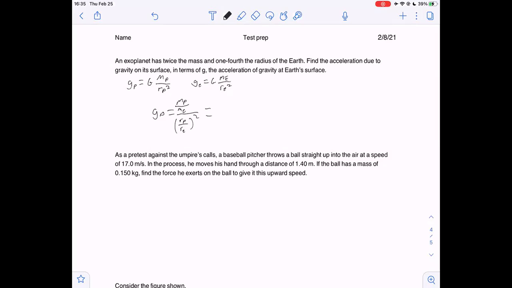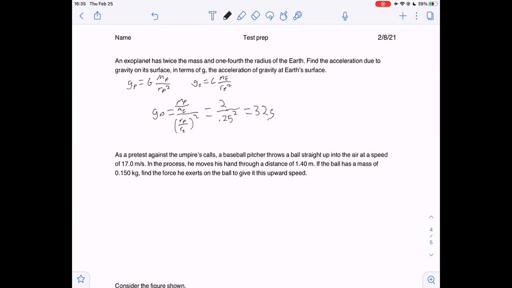which then is equal to 2 over 0.25 squared. Whenever we do that, we know it's going to be 32, because 0.25 squared is 1/16.